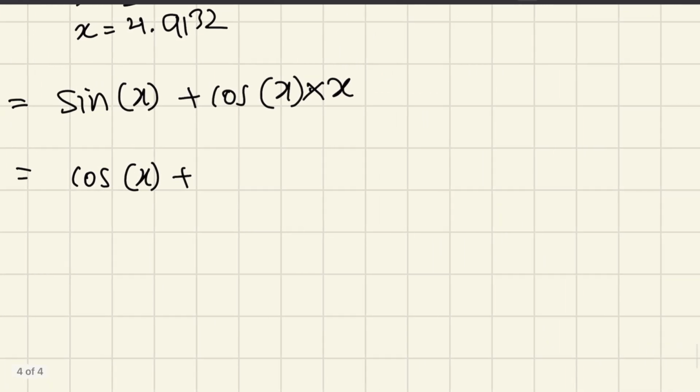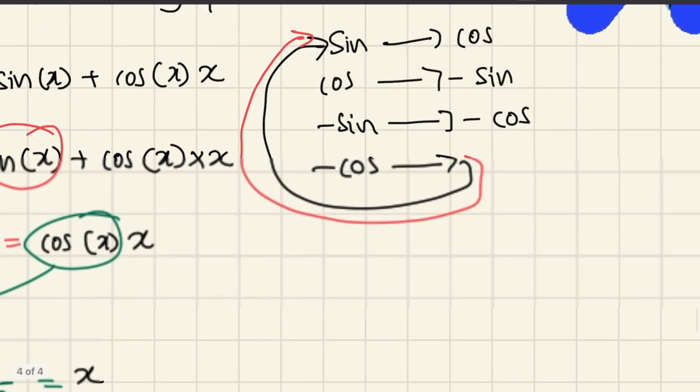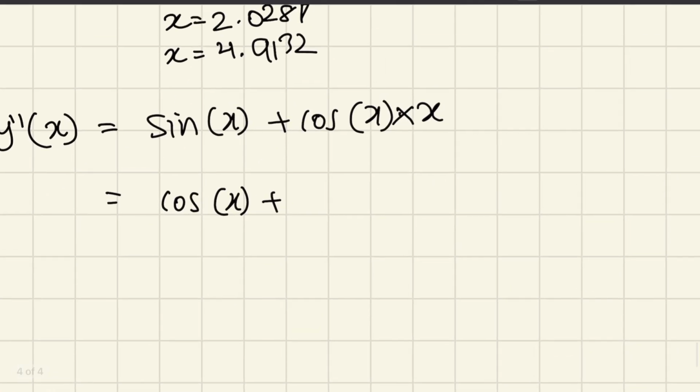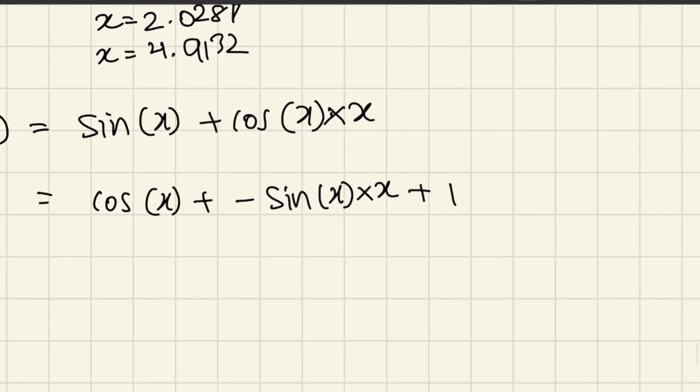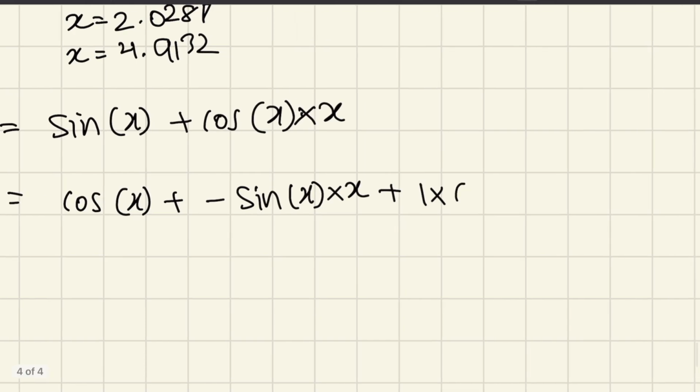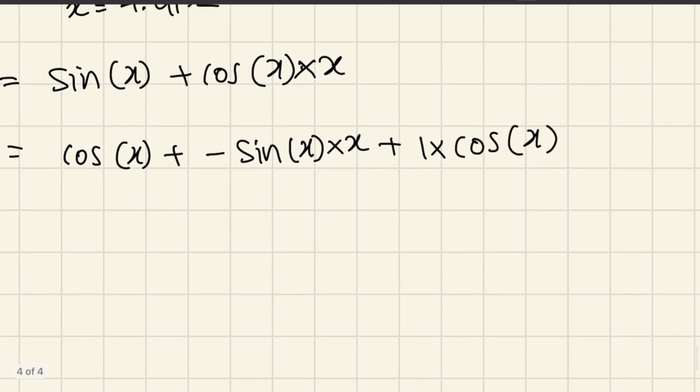So the way we'll do it is we'll differentiate the cos, which is, as I said before, negative sine. So we get negative sine x times x plus differentiate the x, which is 1, and then you times it by the cos. Okay, so now we have this.